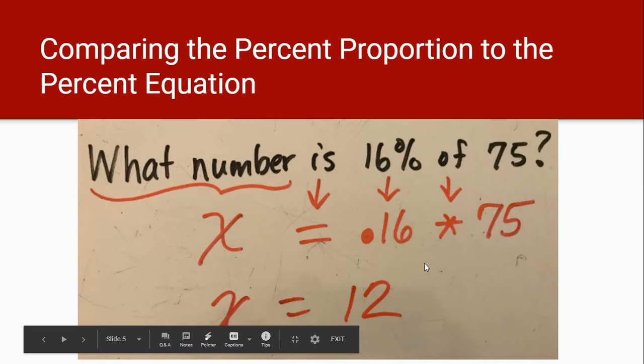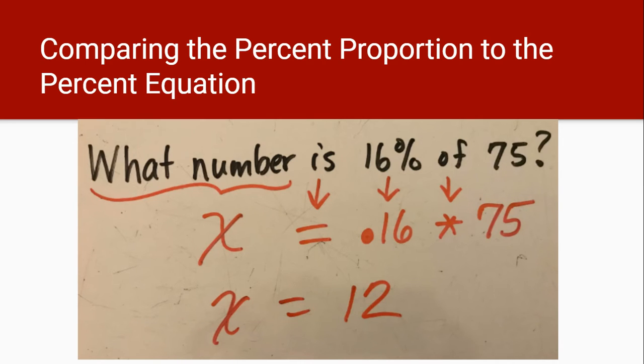All right, now I want to make a connection with the percent equation. Notice we have the same problem, but a different strategy that we're using to solve for the unknown. What number is 16% of 75? So notice what number, this phrase right here, is replaced with the variable x, is replaced with the equal sign, 16% is replaced with the decimal 0.16, of is replaced with multiplication, and 75 stays the same.